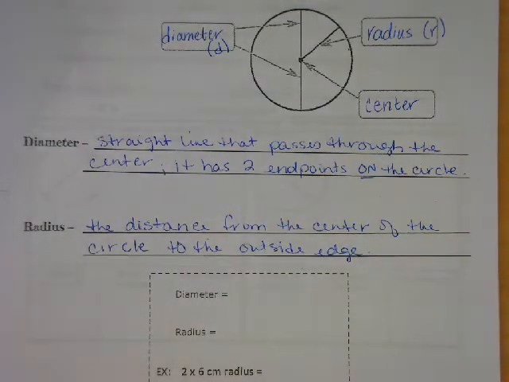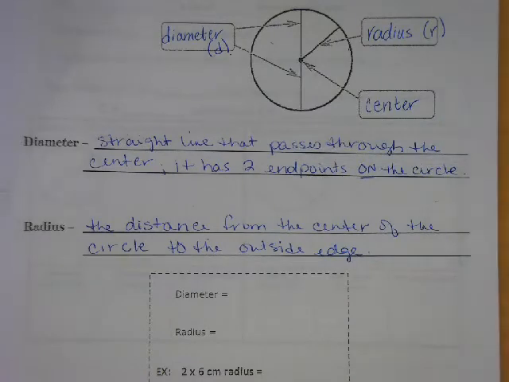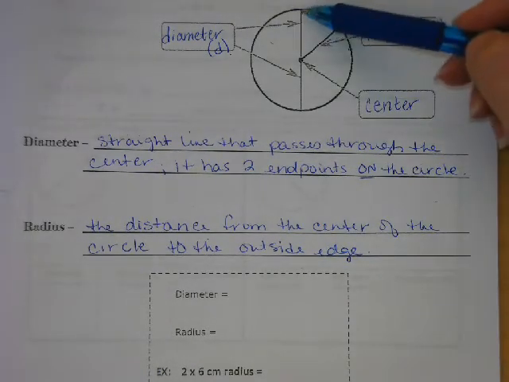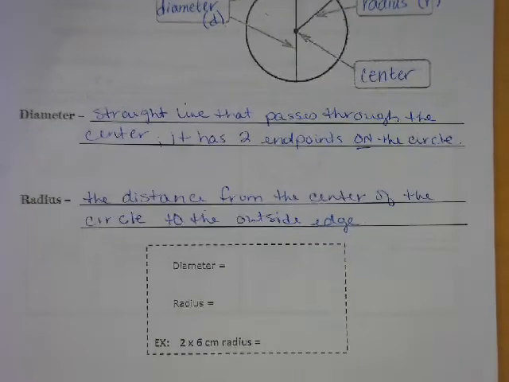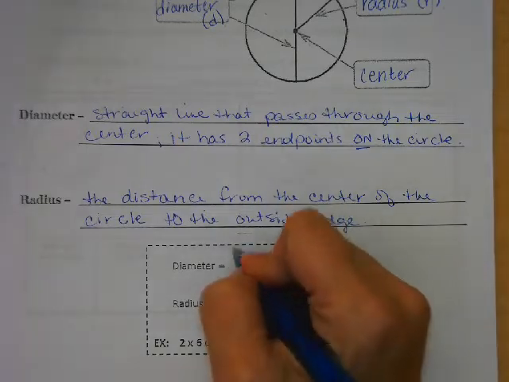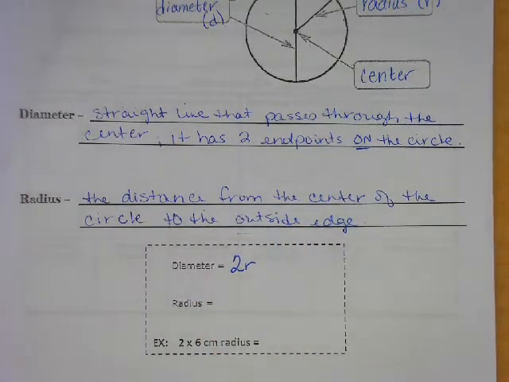So now let's talk about the relationship between the radius and the diameter. A diameter, if you notice, this would be a radius and this is a radius. So our diameter is made up by 2 times the radius, or 2r.